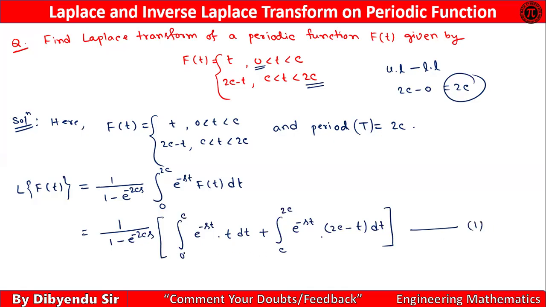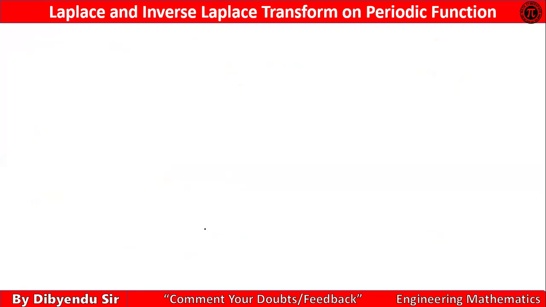Okay, and separately find the value of the integration. So first let's calculate integration 0 to c e to the power minus st into t, so integration 0 to c t into e to the power minus st dt. Here the first function is t.